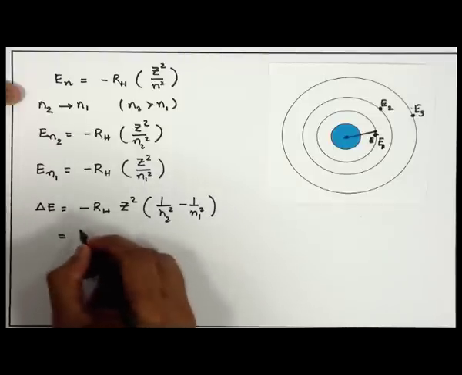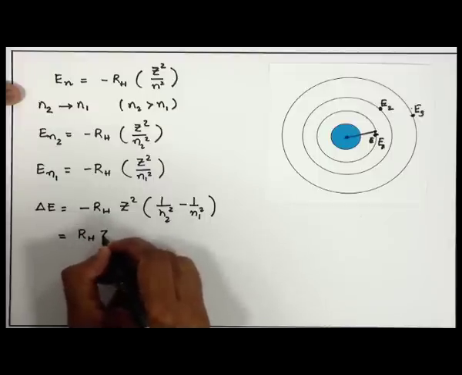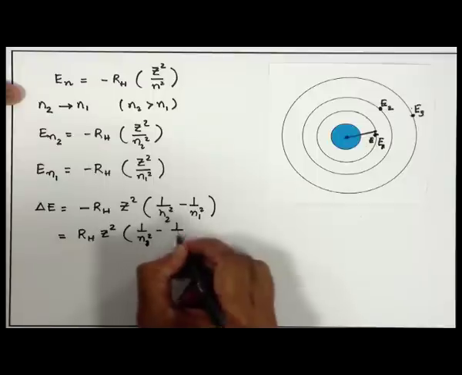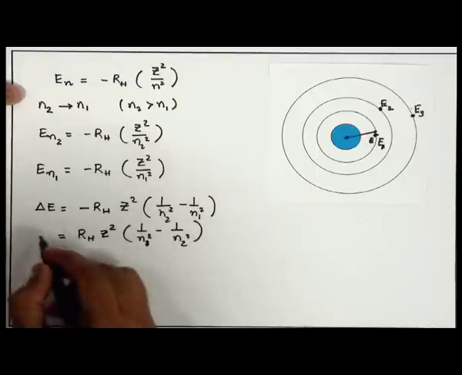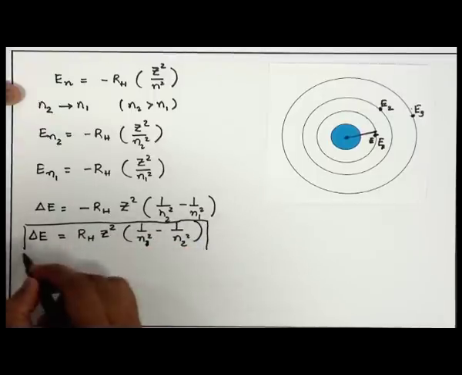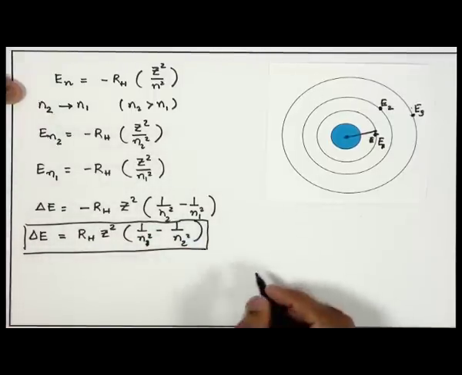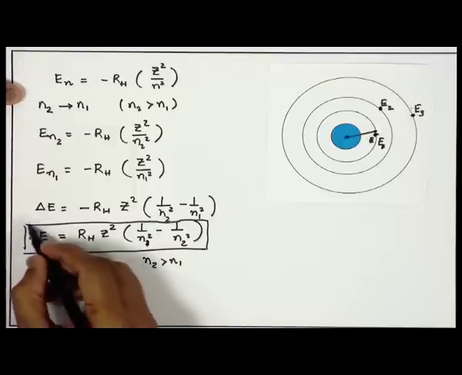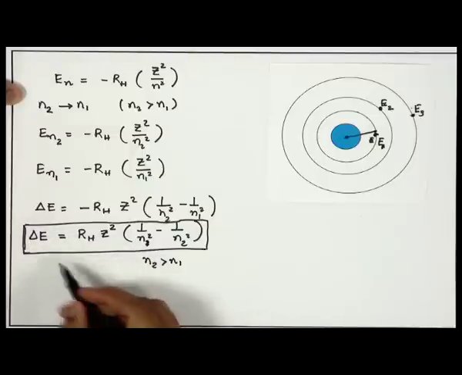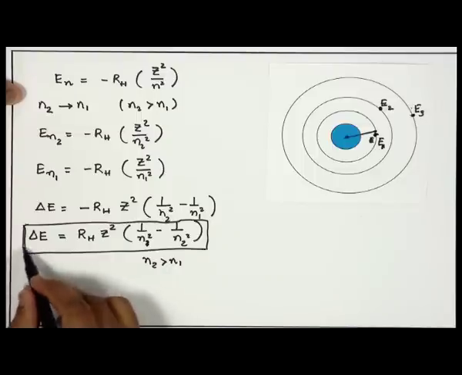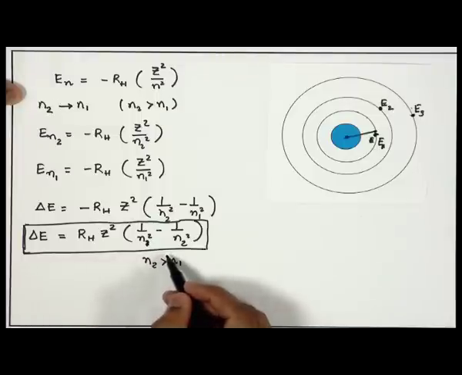I can rewrite this equation in the following manner. This is the delta E that we get, where n2 is greater than n1. If you remember the expression that Rydberg gave to explain the hydrogen atomic spectrum, it is now reproduced by Bohr's atomic model.